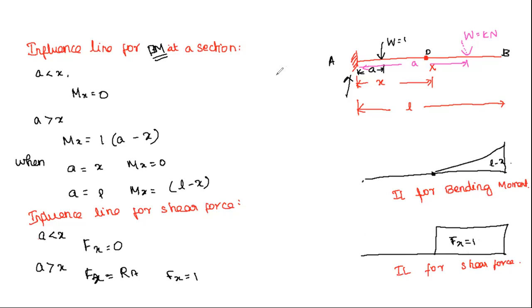So now we have derived the influence line for reactions, bending moment and shear force. Let's see it in a single drawing. Consider a cantilever beam A, B. What will be the reaction ILD for MA?